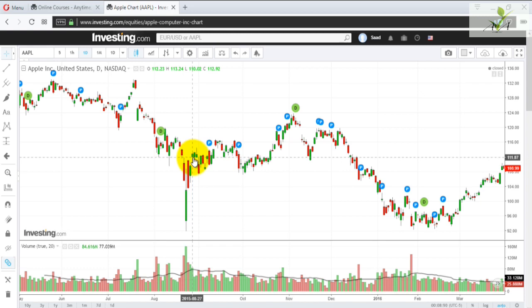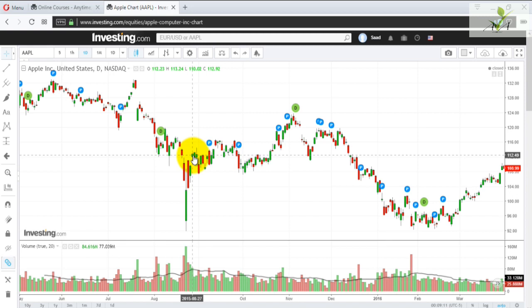Now, what does a hanging man mean? It means that the fall, this lower shadow, is usually 2 or 3 times what this body is. This body is what? 70 cents, from 112.23 till 112.92.